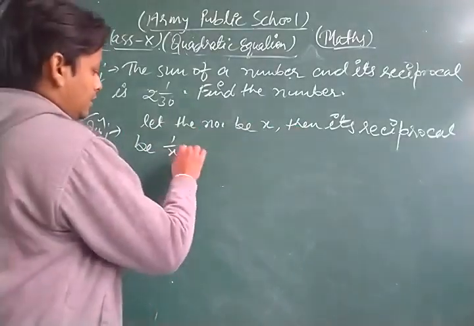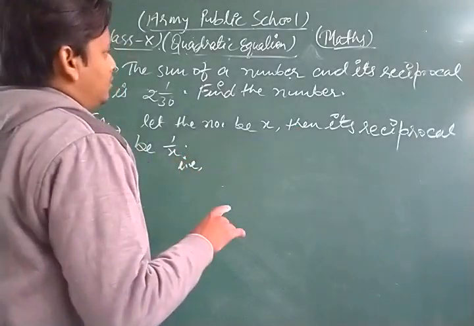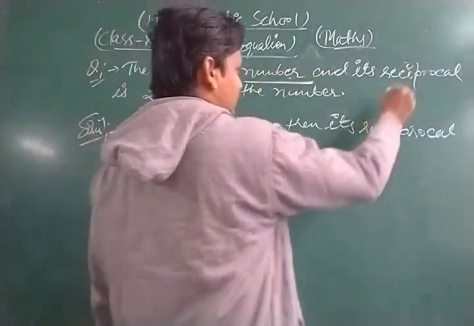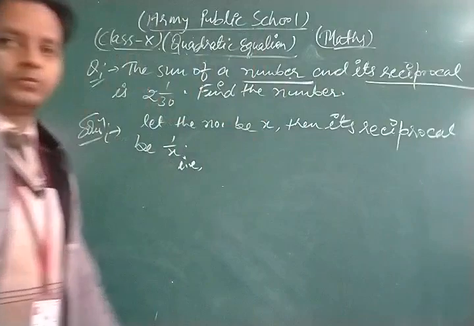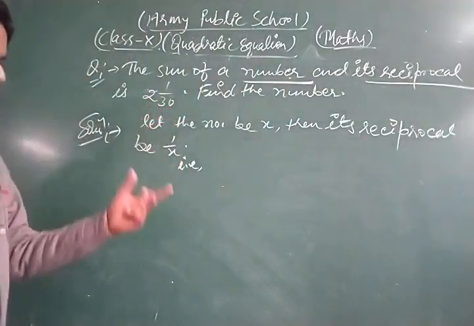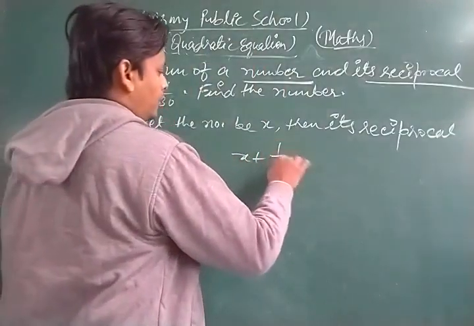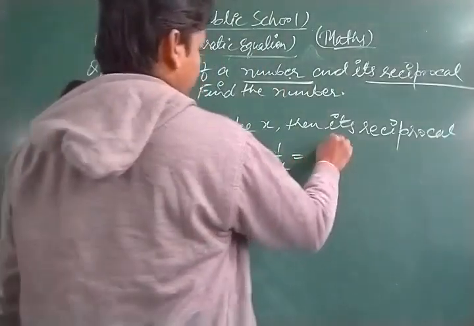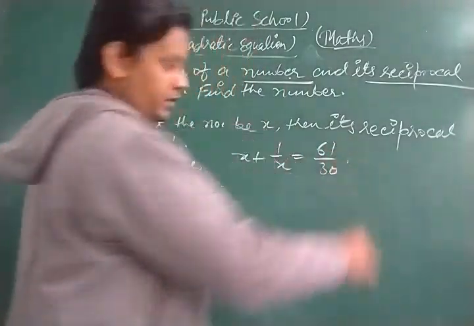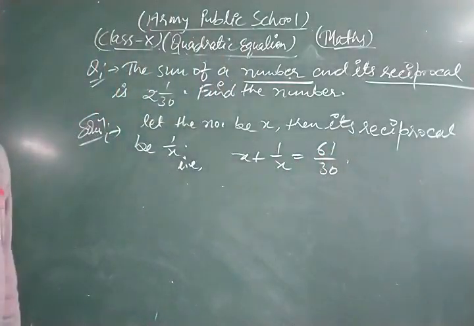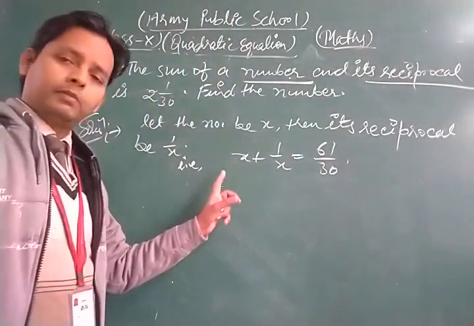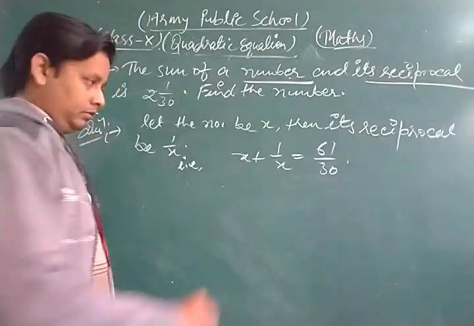That is, the sum of a number and its reciprocal is this. Okay, so according to the concept, x plus 1 upon x is equal to 61 upon 30. Now we simplify the given relation.